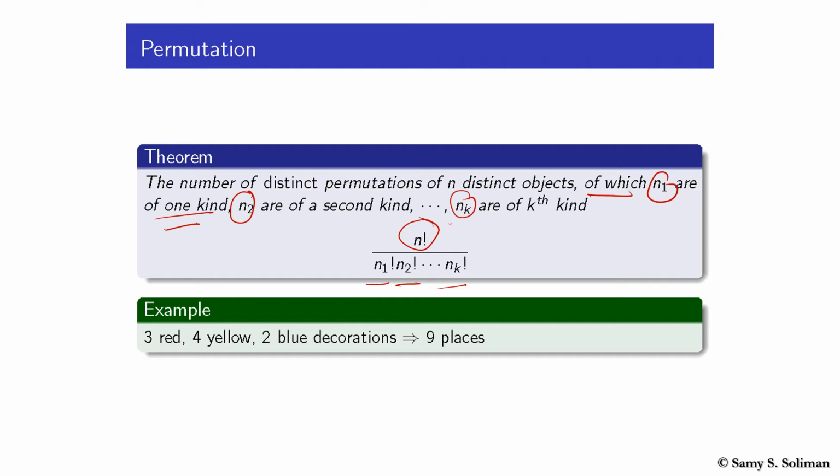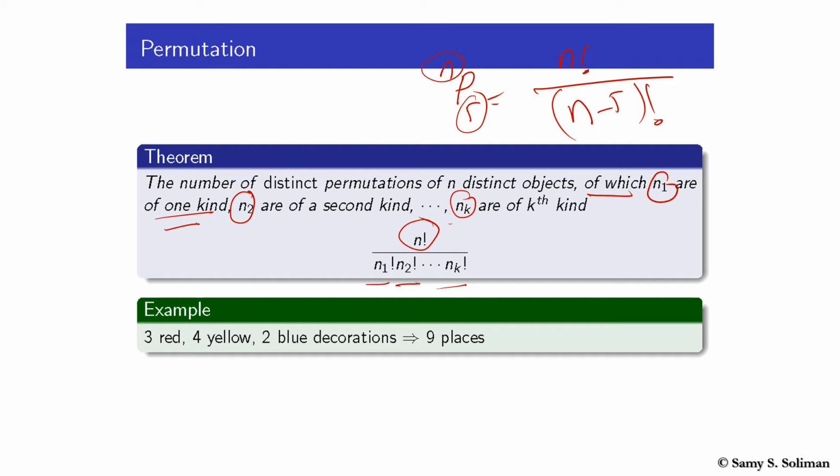So if we go back to the previous expression, we calculated nPr as n factorial divided by n minus r factorial, because we were selecting only r from general n objects.